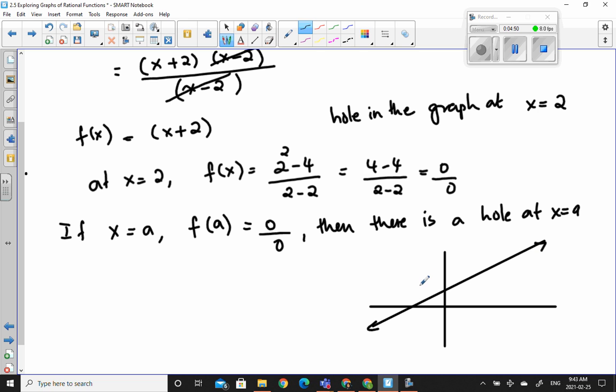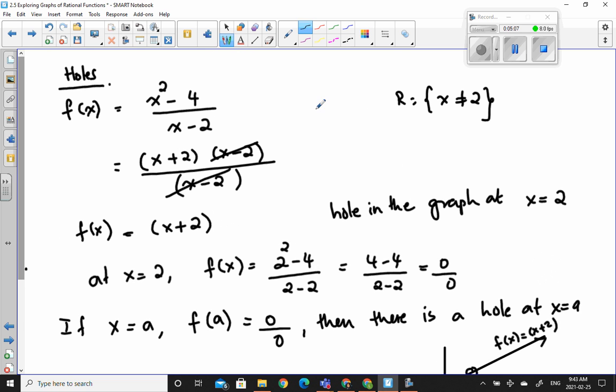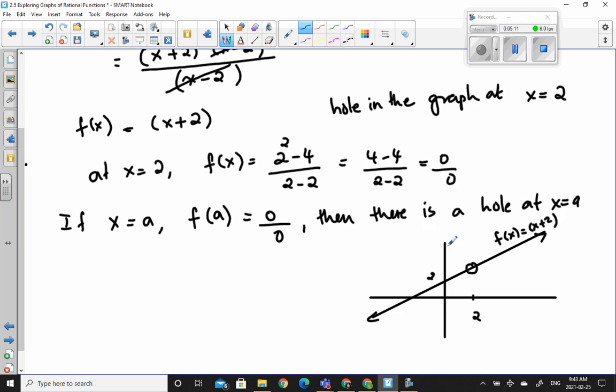Then at x equals 2, there would be a hole in the graph here. So there would be a point discontinuity over here. This is f of x equals x plus 2, okay? But because of this value of 2 that makes this function 0 over 0, I know there is a hole in the graph at x equals 2. So that would be the break in the graph.